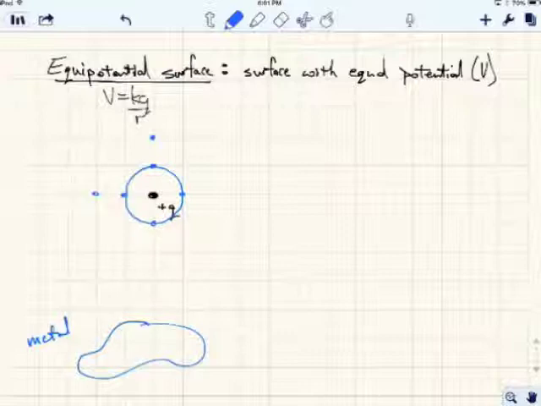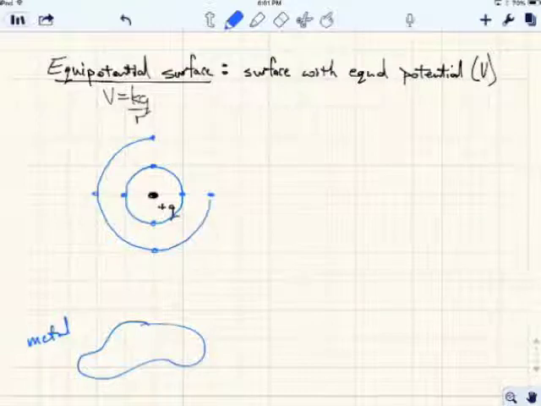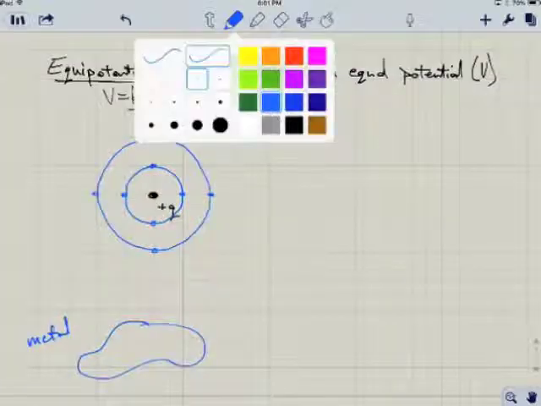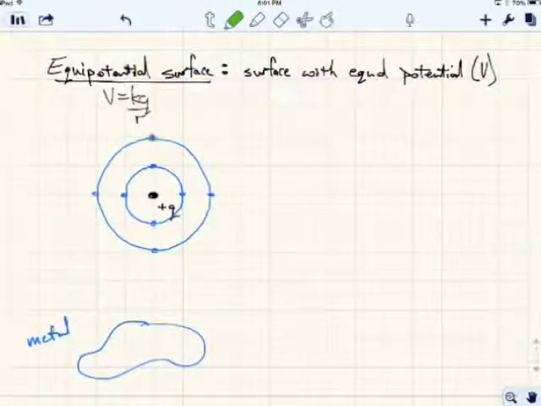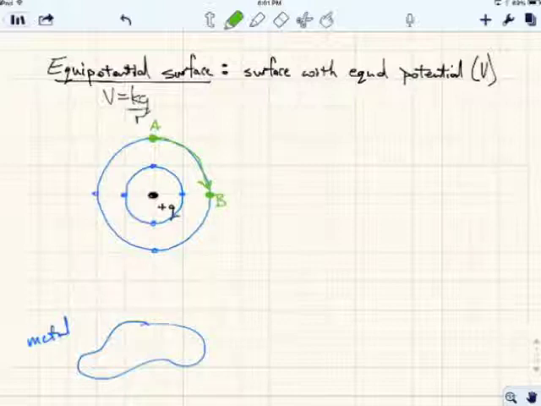Likewise, if I were to make a larger radius, I can make a larger radius sphere surrounding it, and each of the points on that circle would also have equal potential. What this means is that if you were to place a charge right there, and you wanted to move it to another point on the surface, right? So you move this charge from point A to point B. Okay?